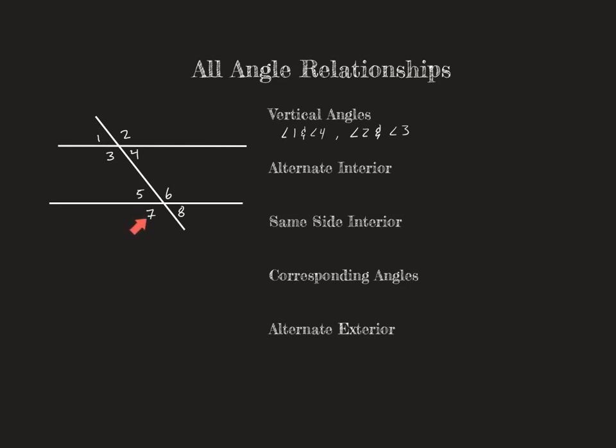In the next one, you have angle 5 and angle 8. Again, they're on opposite sides. So I'm going to put angle 5 and angle 8. And lastly, you're going to have angle 6 and angle 7.